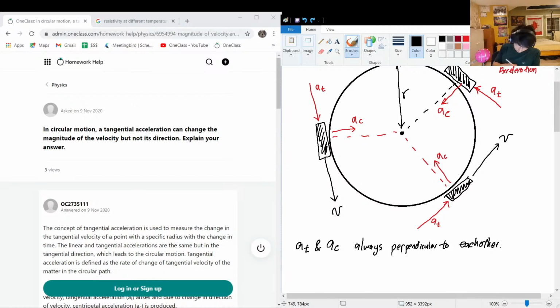And AC is always towards the center of the circular path.